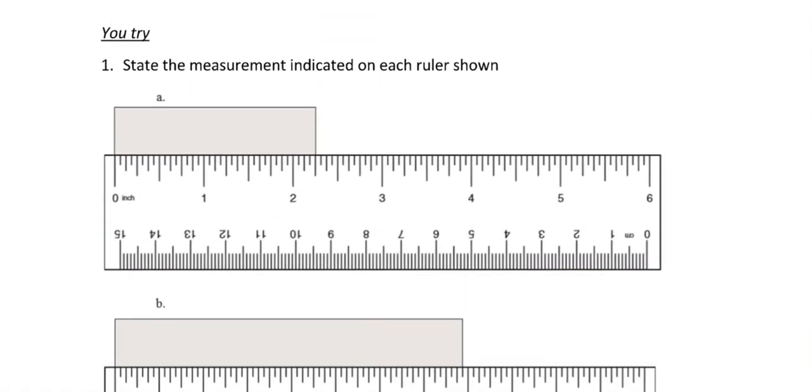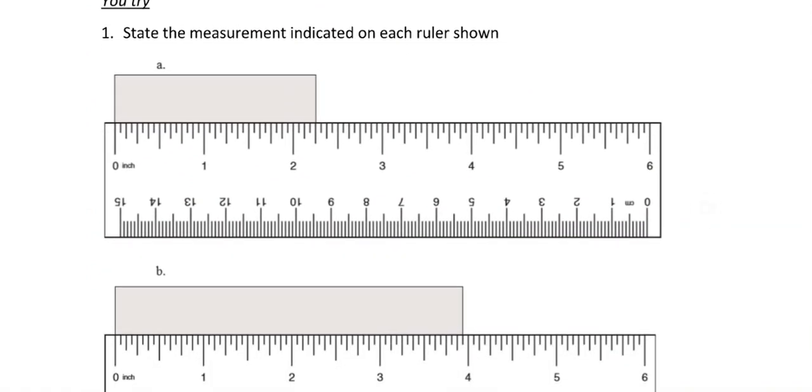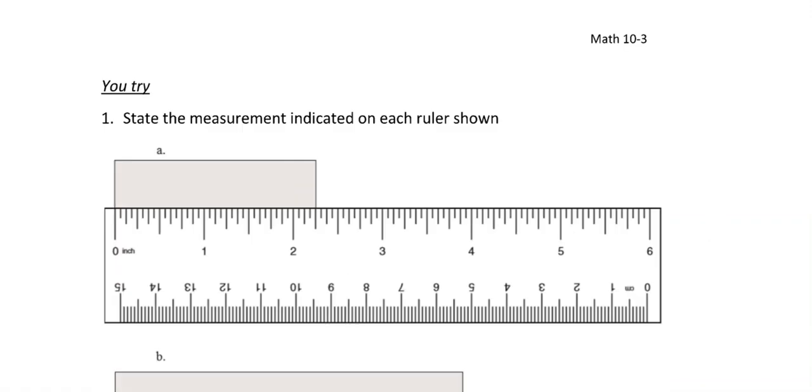Okay, can you guys try these ones? Give this one a try. All right, so we know we're between 2 and 3. So I know it's 2 and something. Which one are we on? I'm on that tick. Well, it won't be 8ths, right? Because the 8ths are going to be 1/8, 2/8, 3/8, 4/8, 5/8, 6/8, 7/8.